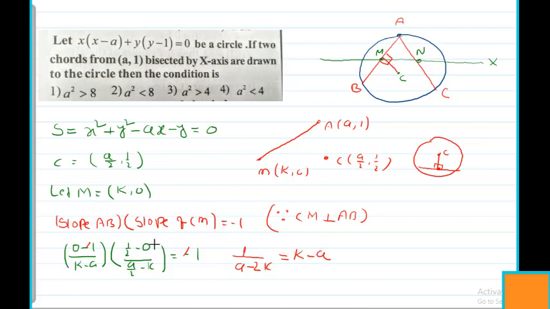So I can rewrite as (k minus a) times (a minus 2k) equals 1. Now I want to multiply this: ka minus 2k squared minus a squared plus 2ka equals 1, or 2k squared minus 3ka plus 1 plus a squared equals 0.